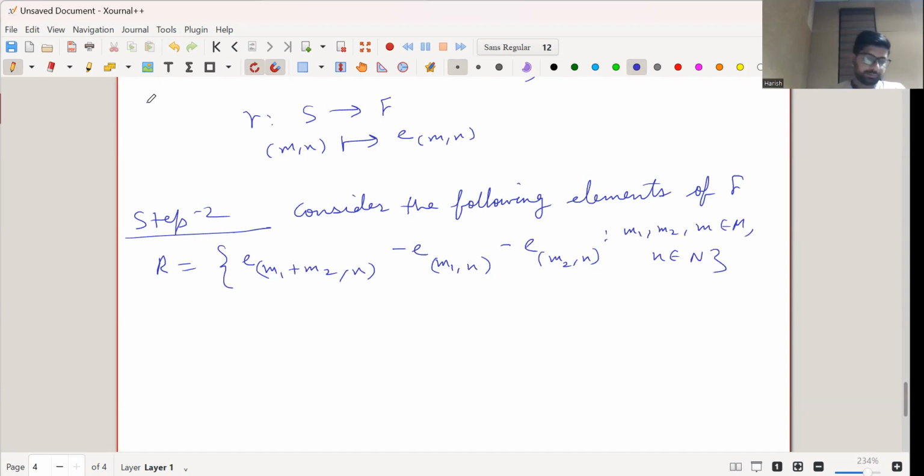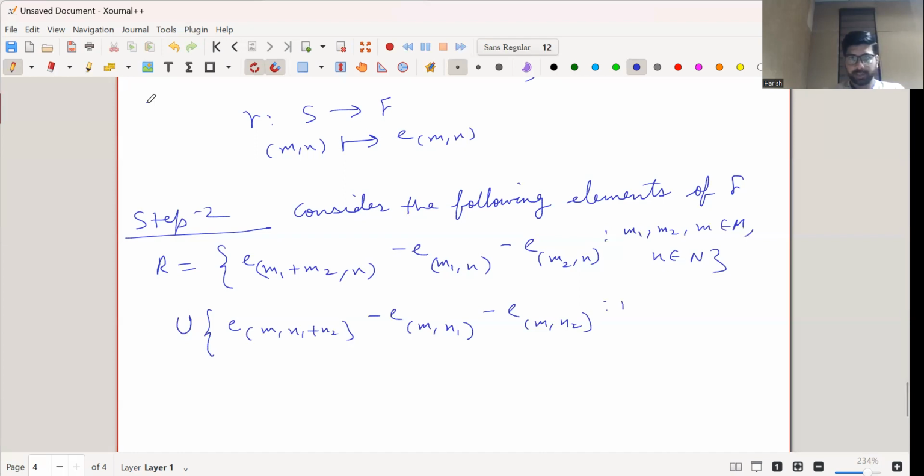So this is one thing. You union it with the elements of the form E of M comma N1 plus N2 minus E of M N1 minus E of M N2.